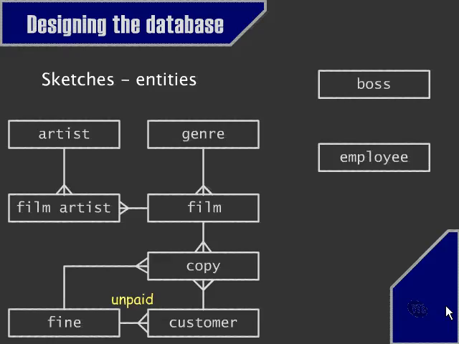The reason why we don't want to store that information on the customer entity is that that's information that will change from day to day as the video gets later and later and the fees mount up. So we need to be able to calculate that based on the information stored in the copy entity, which is that the copy was taken out at this particular time by this particular customer.